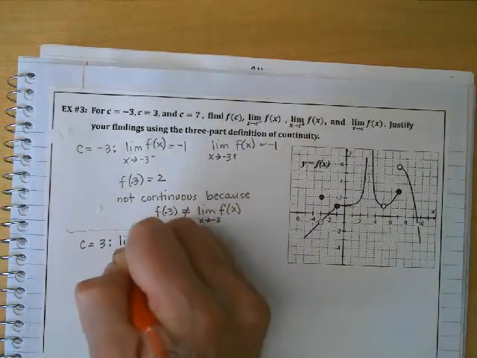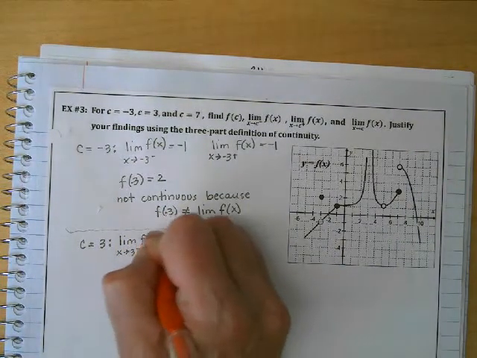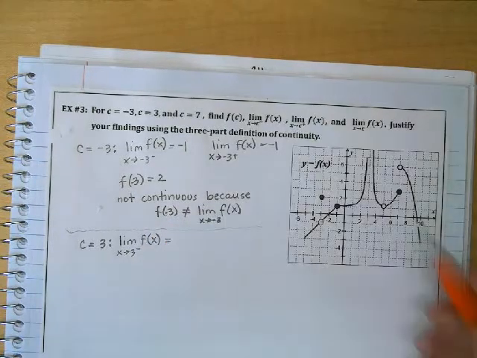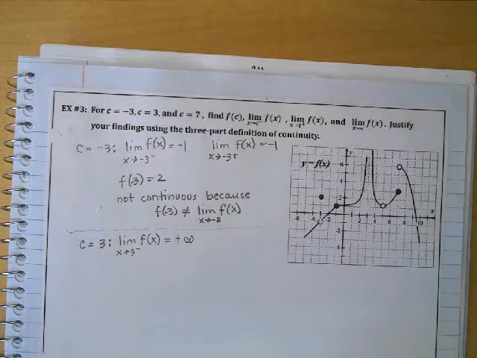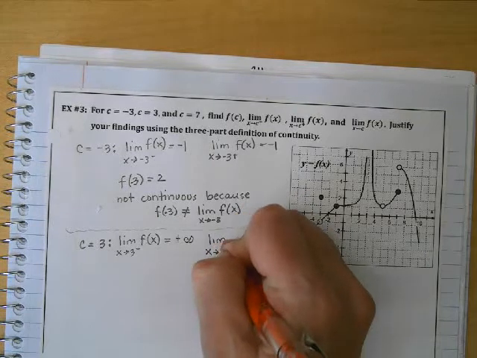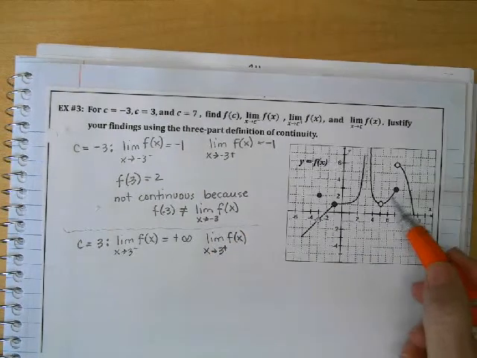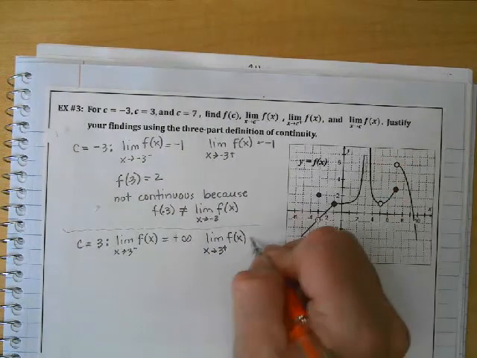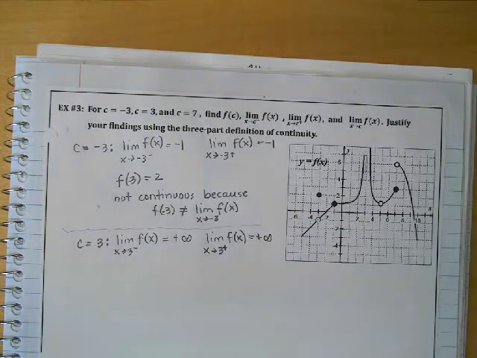The limit as x approaches 3 from the left of f of x. As I'm coming from the left, I'm headed towards positive infinity. Does not exist. The limit as x approaches 3 from the right of f of x, coming from the right, headed towards positive infinity. Okay, I could say that the limit as x approaches 3 is positive infinity. Technically does not exist.